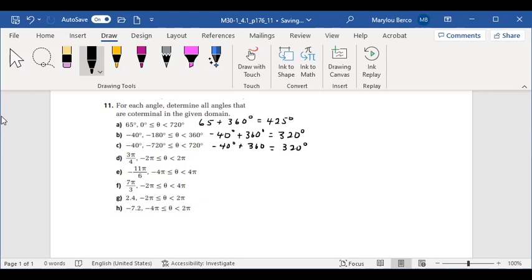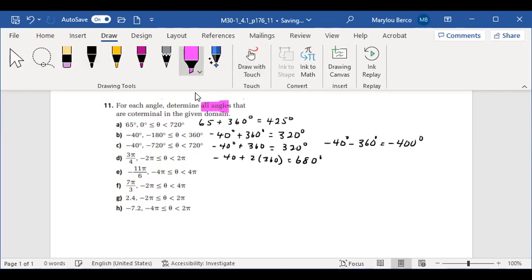Negative 40 minus 360 equals negative 400 degrees. And negative 40 plus 2 times 360 equals 680 degrees. And we have to determine all angles that are coterminal within the given domain.